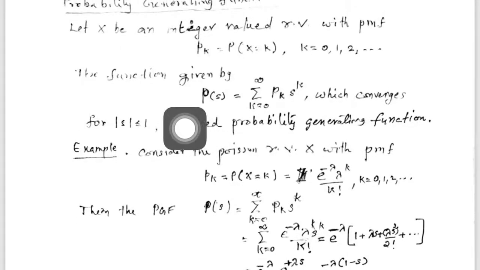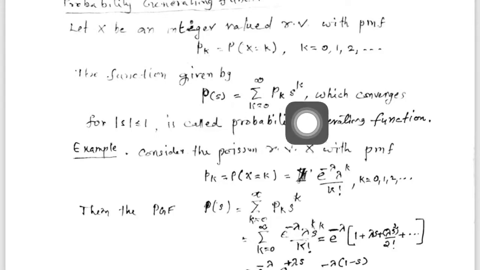And you remember this function gives you the probabilities. If you know this function, then you can take the coefficient of s to the power of k, and that coefficient is p_k. So once you have the probability generating function, PGF, you can find the probabilities as the coefficient of s to the power of k.